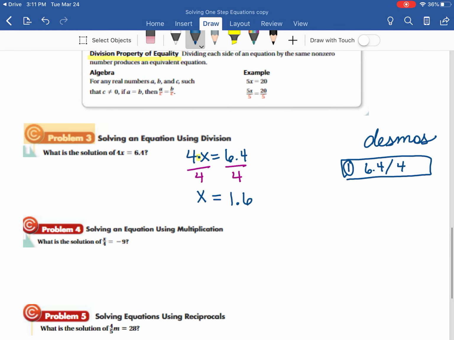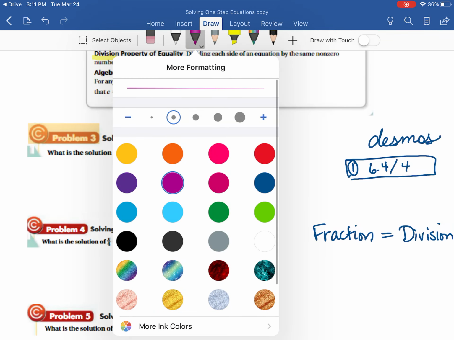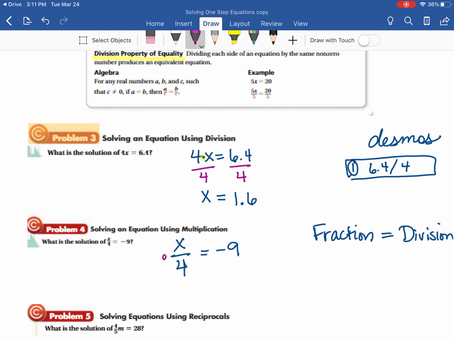This one's using multiplication, so that says x over 4 equals -9. Remember, if you have fractions, that's division. A fraction indicates division. If I've divided, I'm going to use the inverse operation, which is multiplication, so I'm going to multiply both sides by 4.